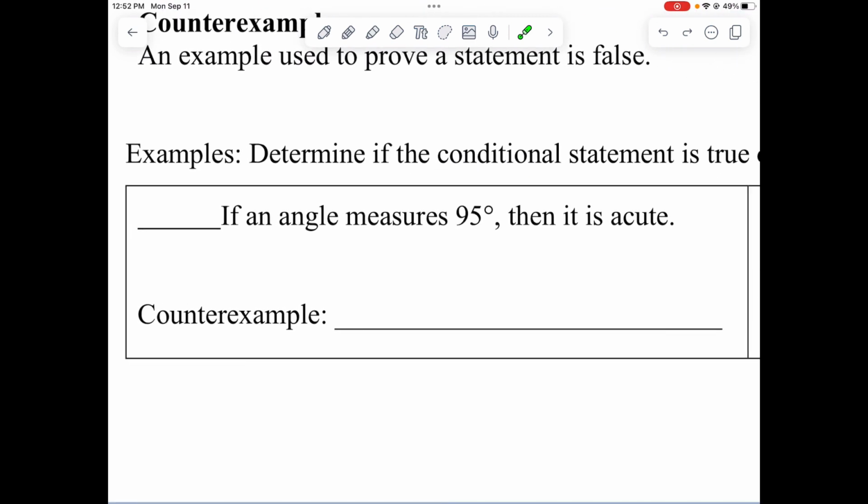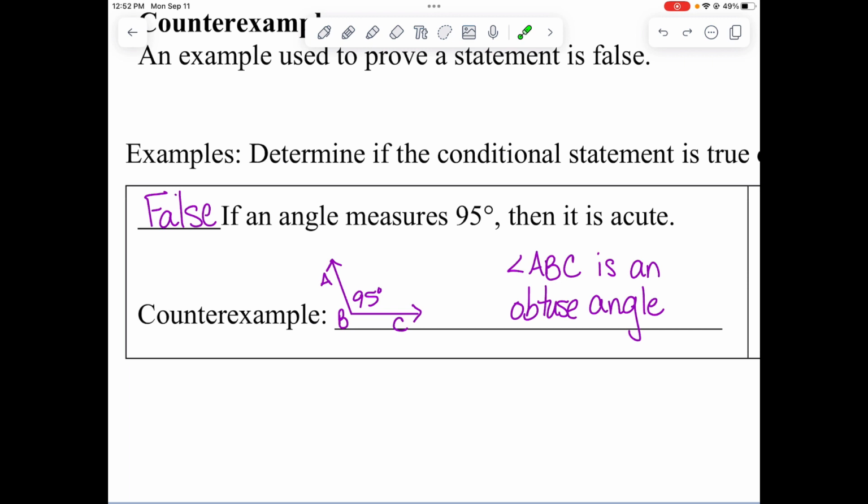Okay, so if an angle measures 95 degrees, then it is acute. So we would say, is that true or false? On this one, that is false. And our counterexample would be an example of an angle that's 95 degrees. So I drew a 95 degree angle, I named it, and we would say angle ABC is an obtuse angle.